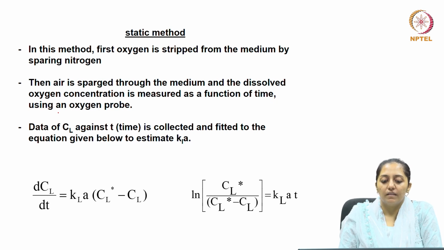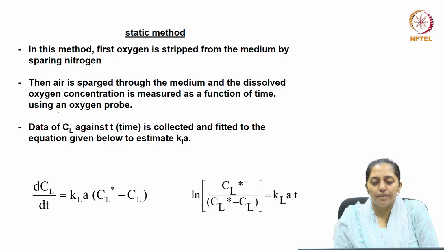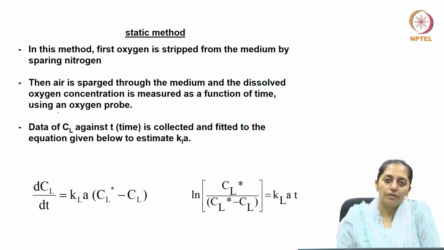In this method, first the oxygen is stripped off from the medium by sparging in nitrogen, which means that all the oxygen is purged off. Then air is sparged through the medium and the dissolved oxygen concentration starts rising, and it is measured as a function of time using an oxygen probe in the reactor.